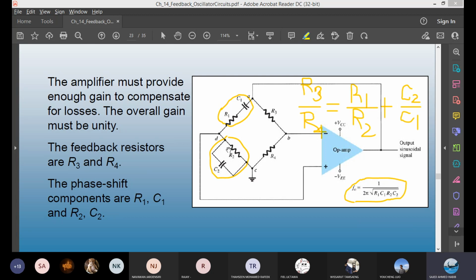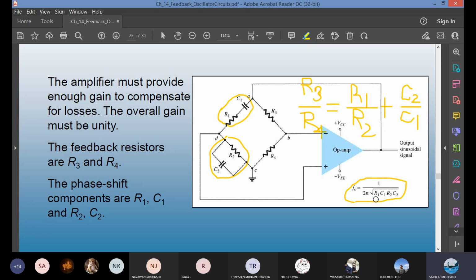Let's say R1 equals R2, so we call them R, and C1 equals C2, we call it C. What will become of the equation? What is F out? You have a square root, and then you take R1 equals R2, C1 equals C2. So you have R square and C square in this formula, but you take a square root.